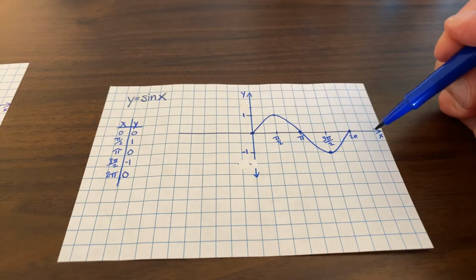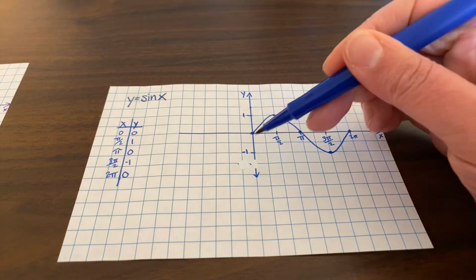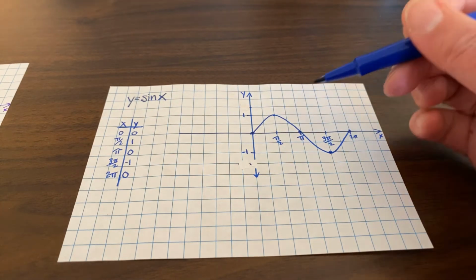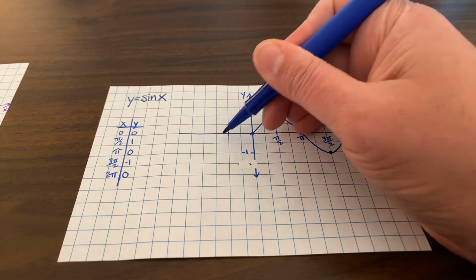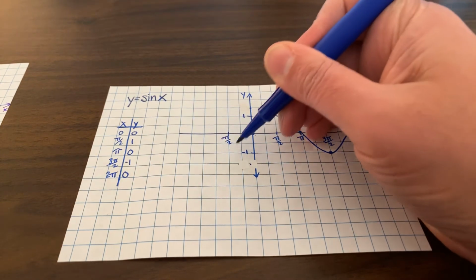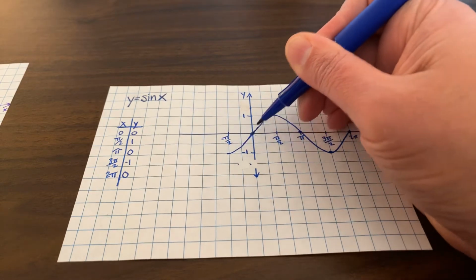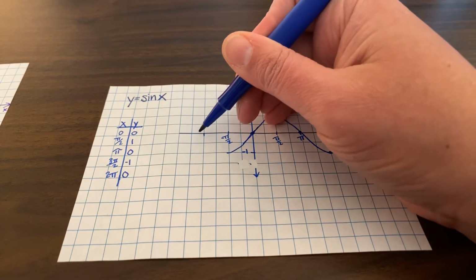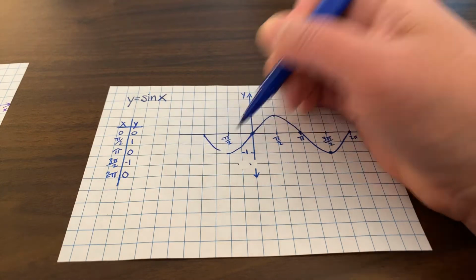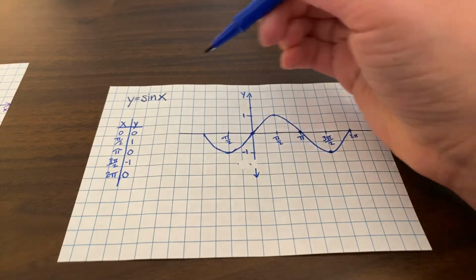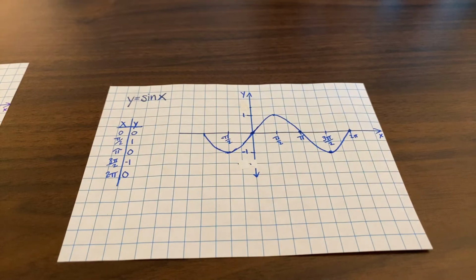This would continue on. This is just one complete cycle, but it can continue, like if this was negative pi over 2, it would continue down like that. And then at negative pi, it would come back up to there, and so on, right?